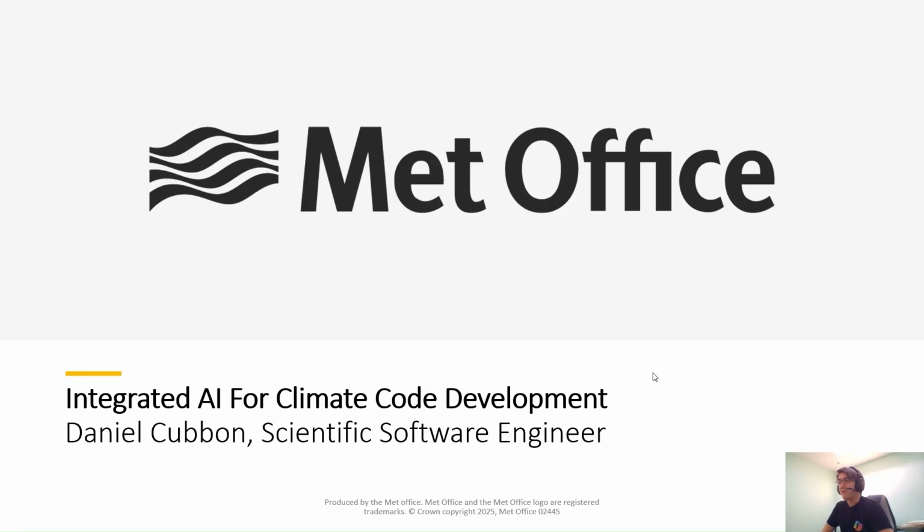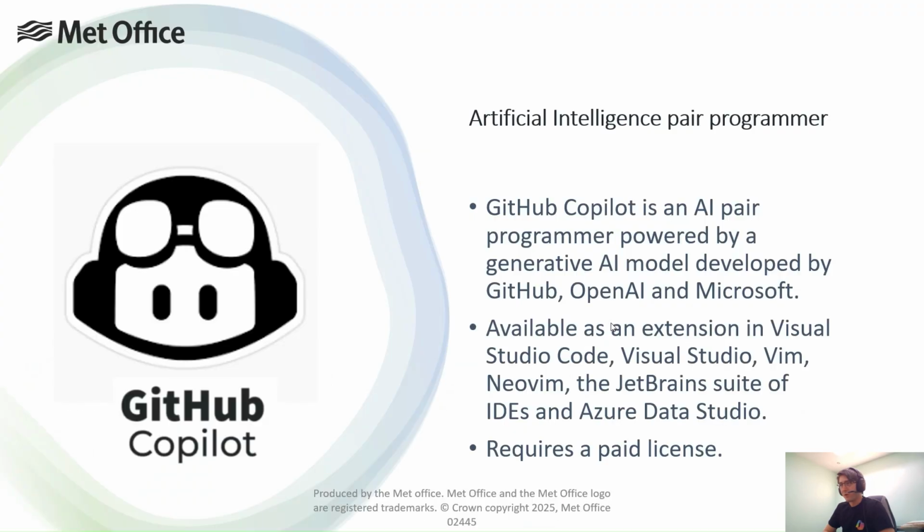I'm a scientific software engineer working at the Met Office, and I'm going to give you a brief talk about how you can use integrated AI to work with climate data. The particular model I'm going to talk about is GitHub CoPilot, which is an AI-based pair programmer.